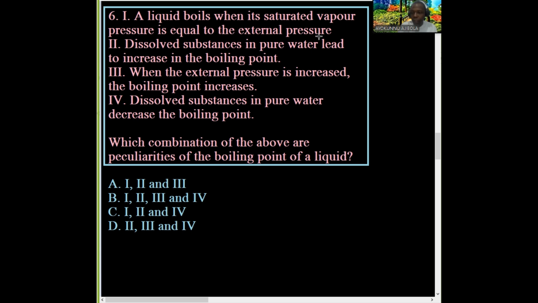You might lose some marks. Dissolved substances in pure water lead to an increase in the boiling point of the pure water. Not only pure water, but almost any substance. When the external pressure is increased, the boiling point will increase too.